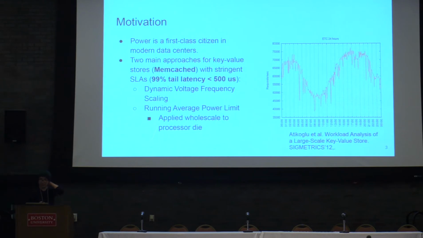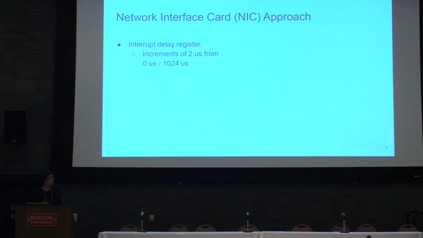So that's one approach. The other is applying some sort of power limiting on some of these Intel processors that have been recently released. In this case, we've taken another approach. Instead of using the processors to decrease power, we tried tuning another parameter on modern network cards.